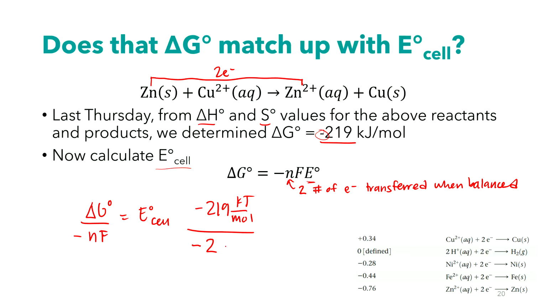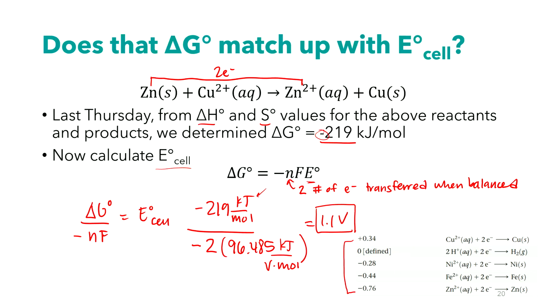And then I put in my Faraday constant, which you'd have in front of you. Make sure that you use the right unit. It's in joules. I want it to be in kilojoules to match my delta G. So I've written it as 96.485 kilojoules per volt mole, and that gives me 1.1 volts. That's my standard cell potential, which we can cross-check.